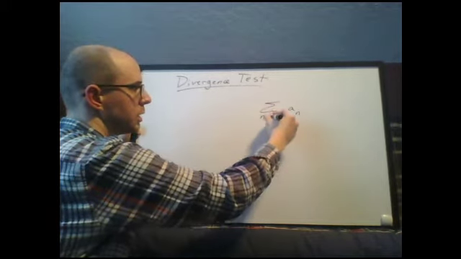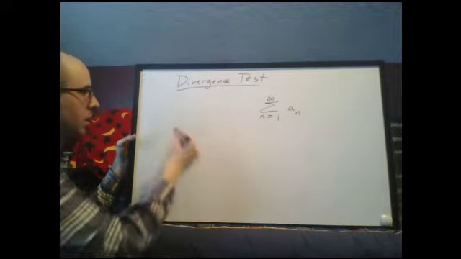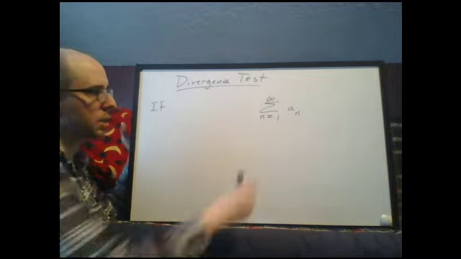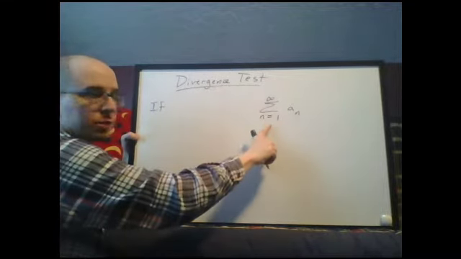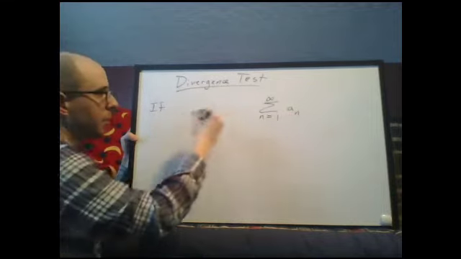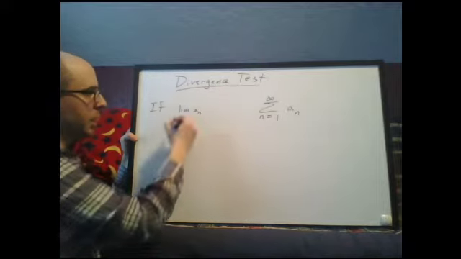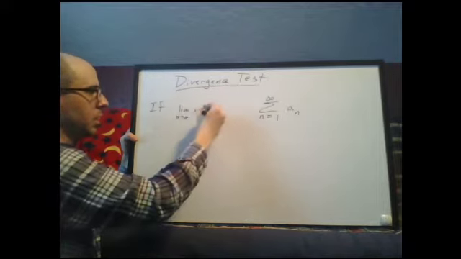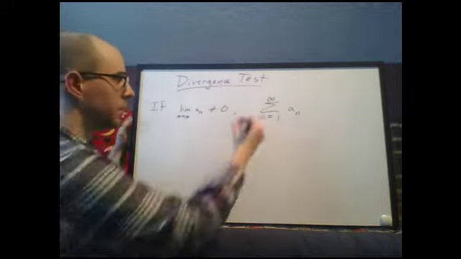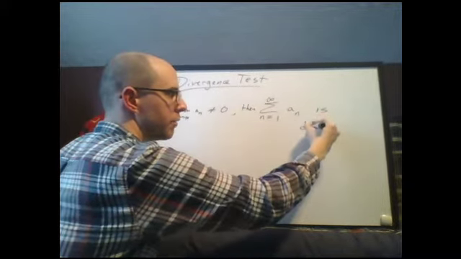I look at a series, and there's a sequence that I'm adding up. There's the series, which is the sum, and there's the individual sequence that we're adding up, the a_n's. If the limit of a_n as n grows to infinity does not equal 0, then the series is divergent.